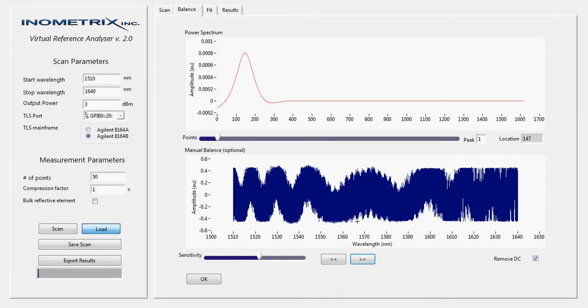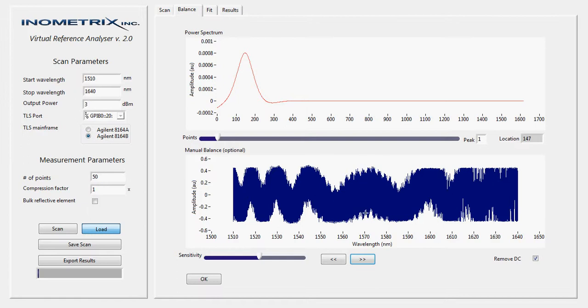One of the things that's characteristic of balanced interferometry is this interference pattern. The center of this large hump is where the group delay in the reference, or the virtual cavity, is equal to the group delay in the measured device, the test device. That happens at the center wavelength where this big hump is, because the device that we're measuring has dispersion and the simulated cavity has no dispersion, because it's free space.